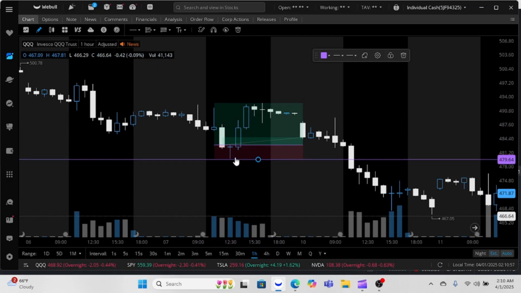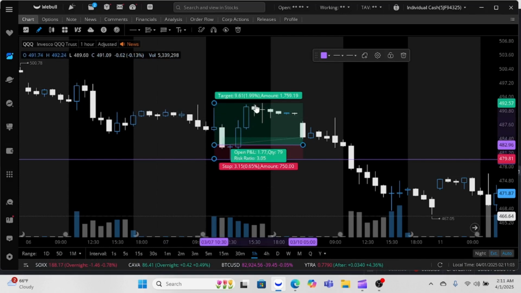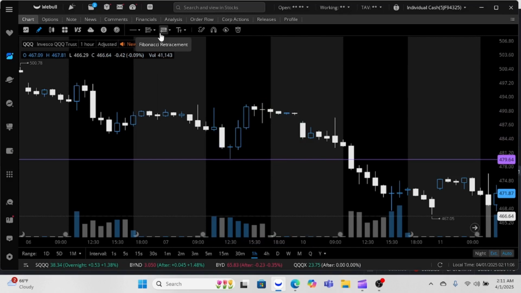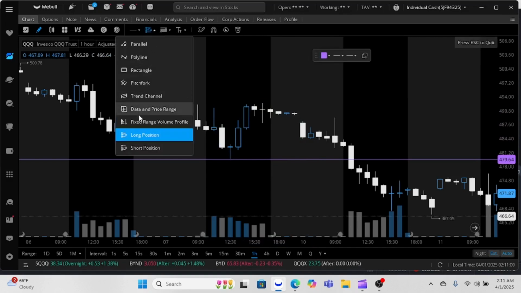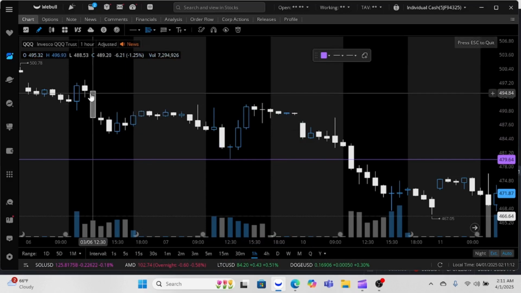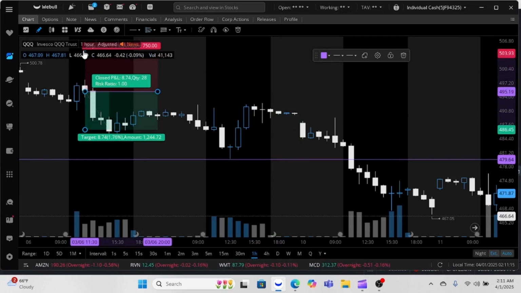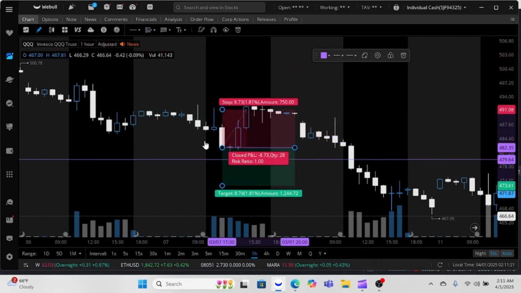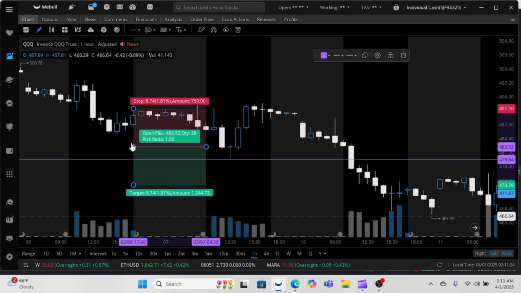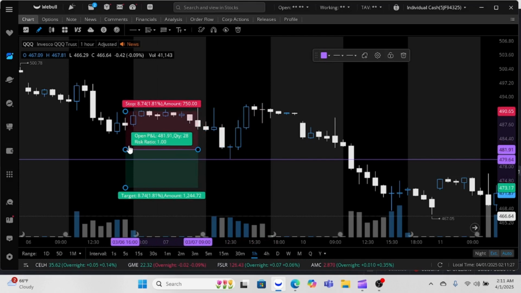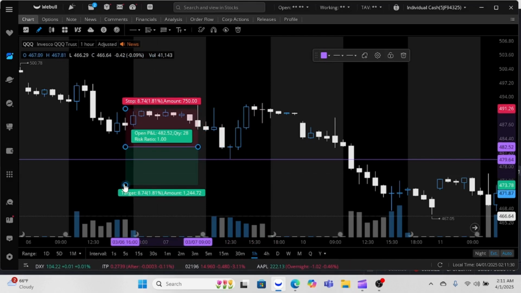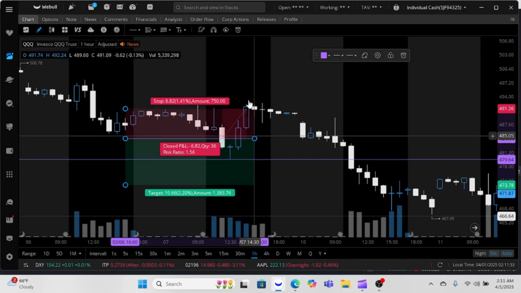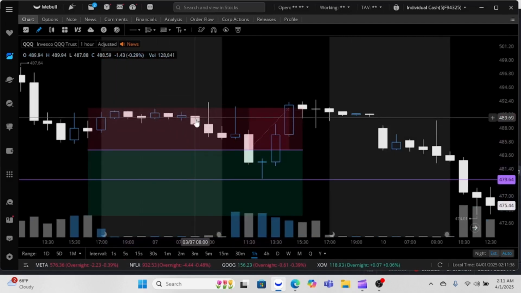There's going to be stop losses above swing highs, equal lows. Now look at this consolidation area.